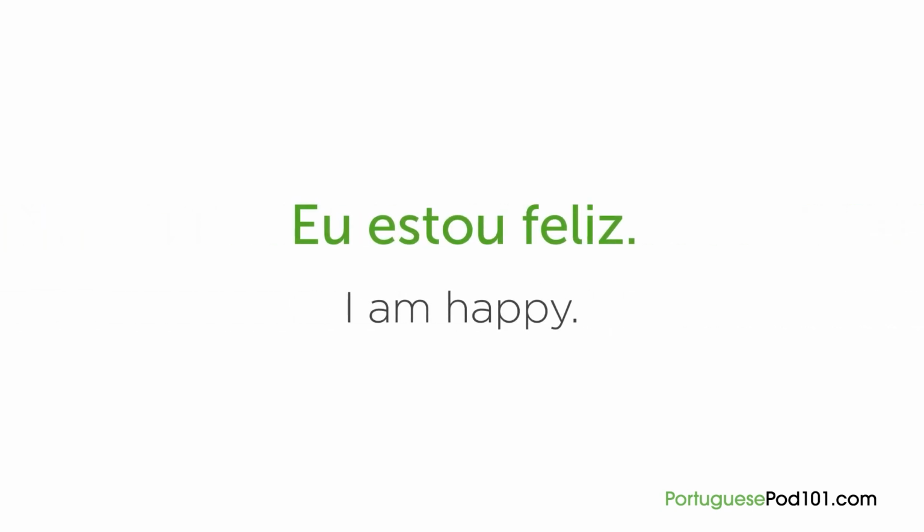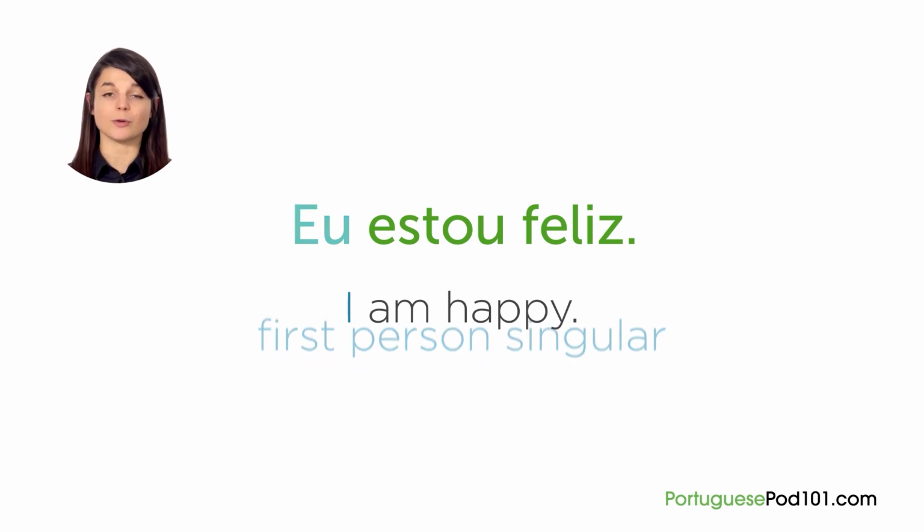Here's another example. Eu estou feliz. Subject, verb, adjective. In this case, the subject is implicit. This is extremely common in Brazilian Portuguese and wouldn't be wrong to make explicit. Eu estou feliz. We'll elaborate later, but in Portuguese, the subject is encoded in the verb conjugation. That's why in this case, we know the subject is the first person singular, even though it's hidden.